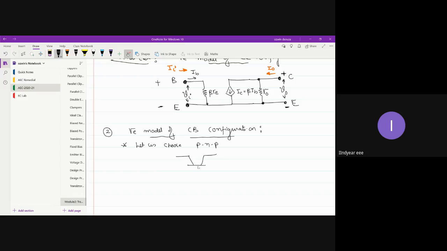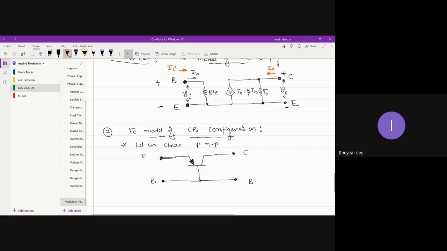So step one, as I have told you previously, you have to draw the current direction. In case of PNP, the current direction is inward. So this is your emitter. Common base: the base terminal is common to the input circuit as well as the output circuit. This is your collector and this is your base.